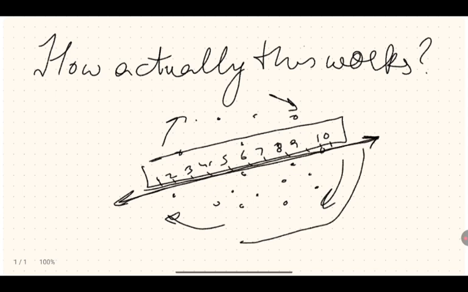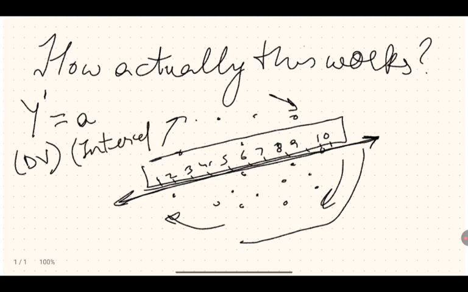This is the principle behind the regression equation, which finds the predicted value of y, the dependent variable, using this equation: a, which is the intercept, as I explained in my previous video, plus b, which is the slope, multiplied by the value of the independent variable, that is x.